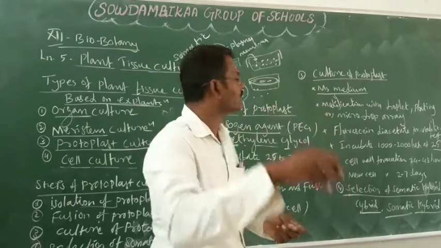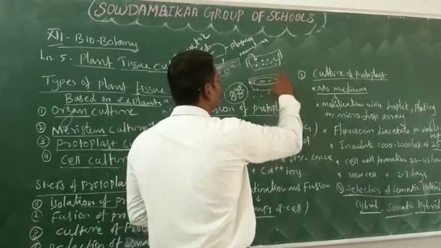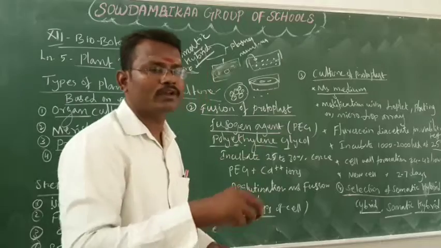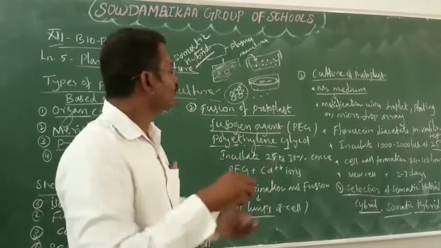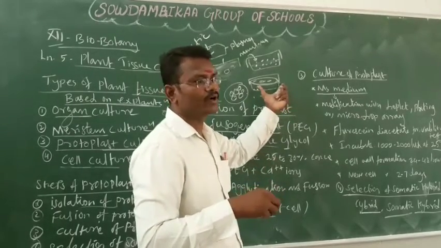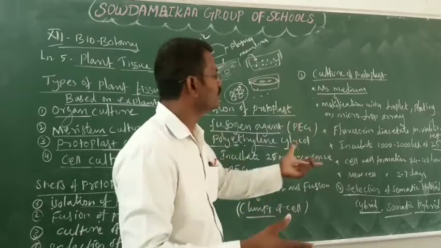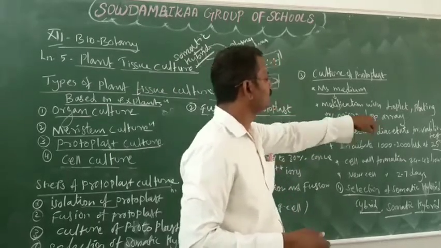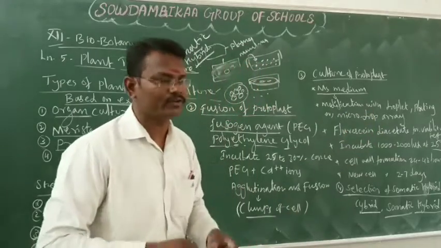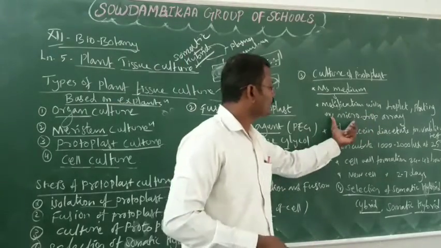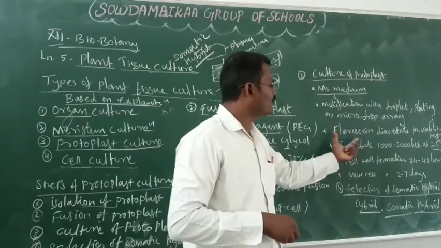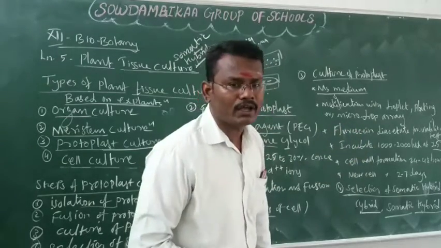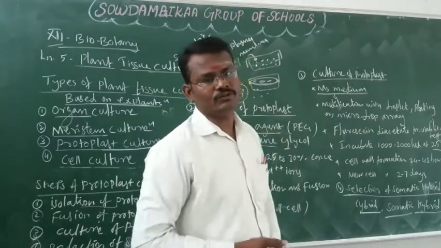Single protoplasts can be grown separately in separate Petri plates or dishes. That is the modification, the droplet plating or micro drop array, a different method.